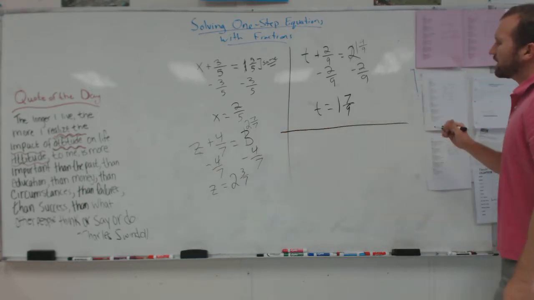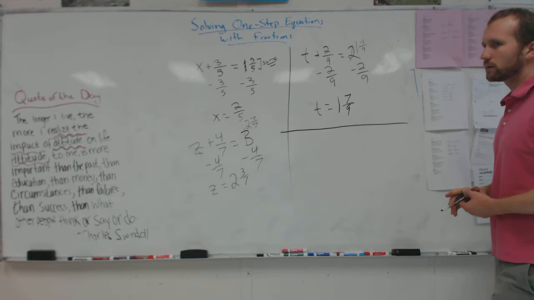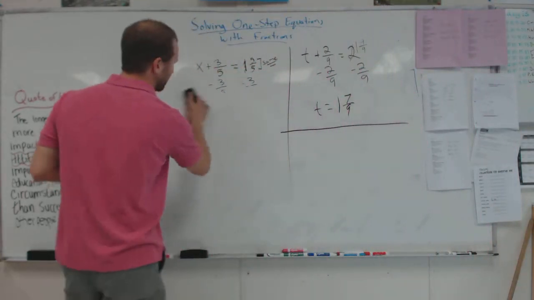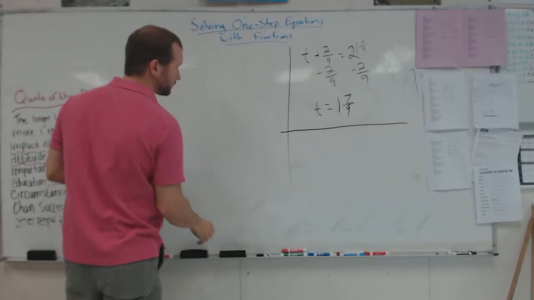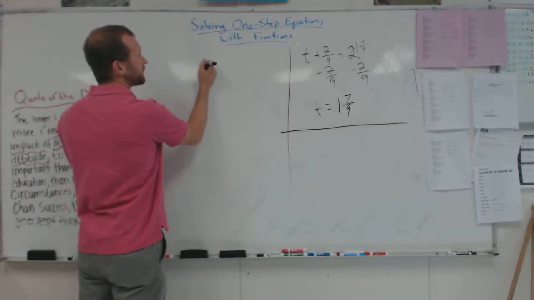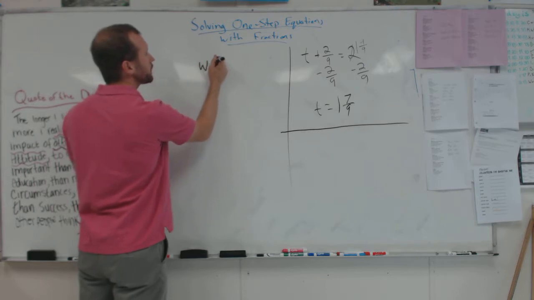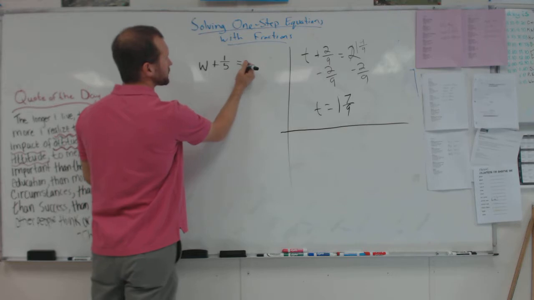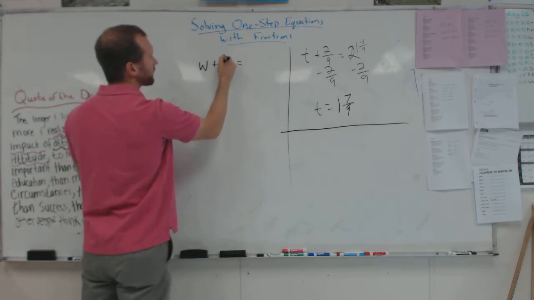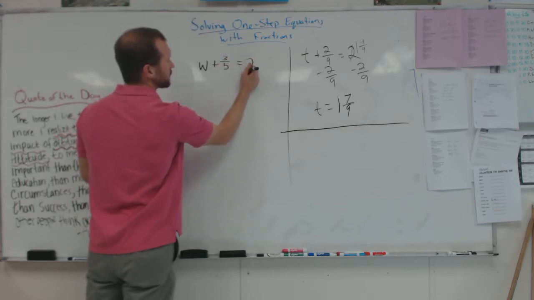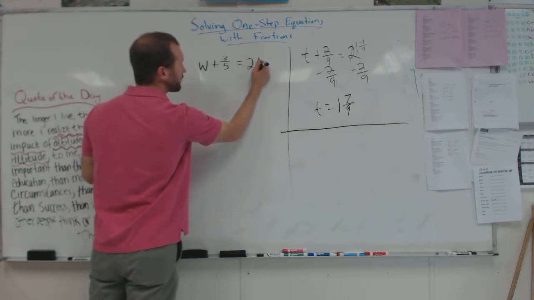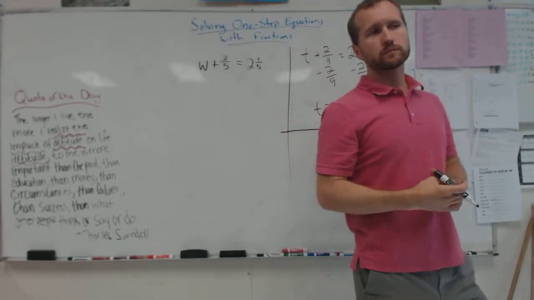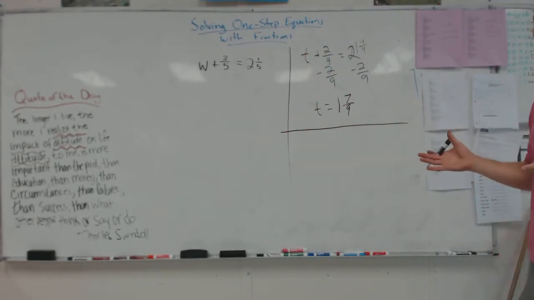There's one more level of complexity. It's slightly more complicated. What if I had w plus 3/5 equals 2 and 1/5? I'm going to do the same process.